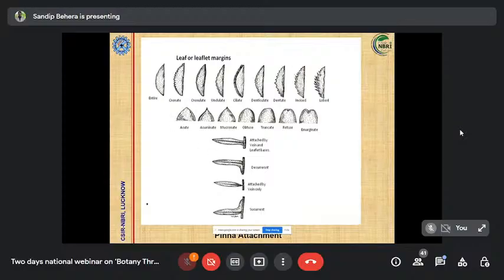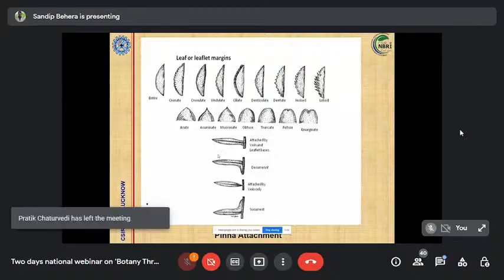If your tip is like this, it is called acute. If more acute, then it is called acuminate. These are obtuse. If the lamina of the pinnule is not pointed, then it is called obtuse. Sometimes it is called truncate. These are the characters we have to remember while identifying the plant.